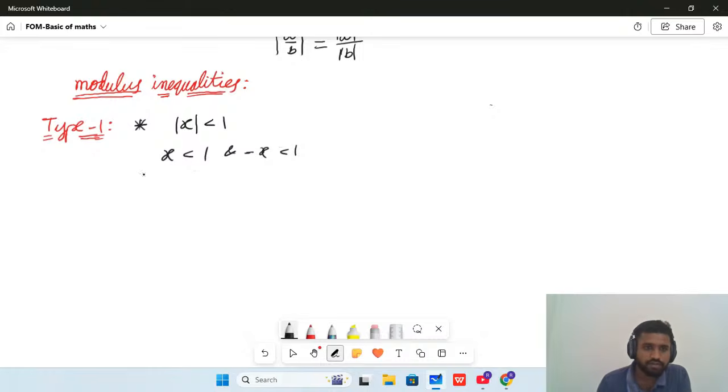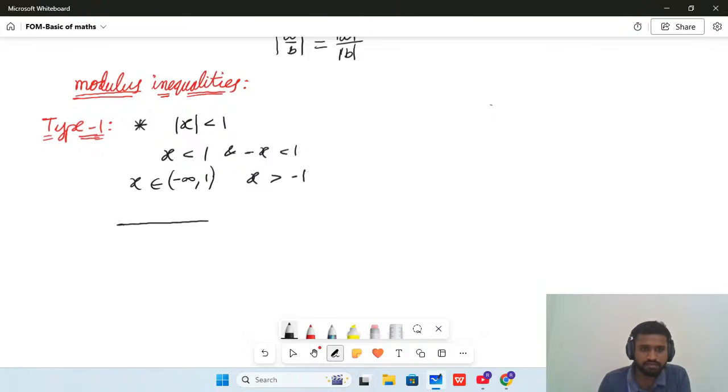What is the meaning of x less than 1? x is a number from minus infinity to 1. What is the meaning of minus x less than 1? Minus x less than 1 is nothing but x is greater than minus 1. So what is the intersection of these two, x less than 1 and x greater than minus 1?